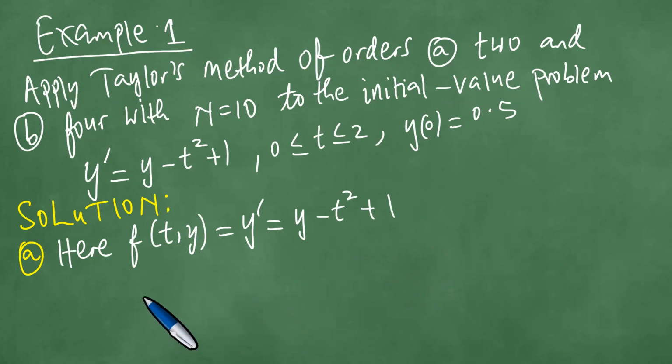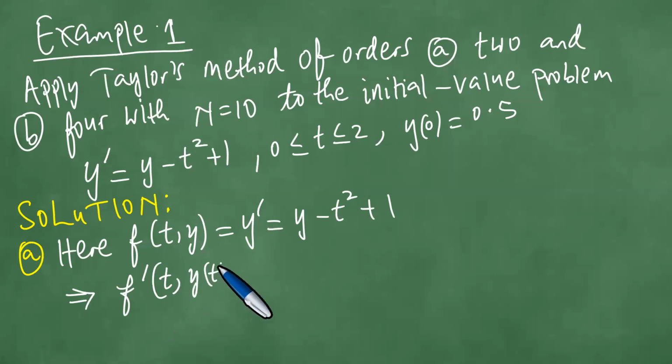And then now we obtain f primed. We differentiate the f to get f primed, but it is f primed of t and y of t, which is d dt. So if we differentiate this one, we get t and y of t, like so.